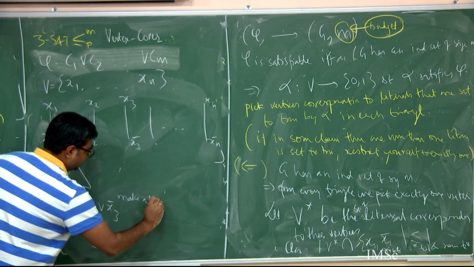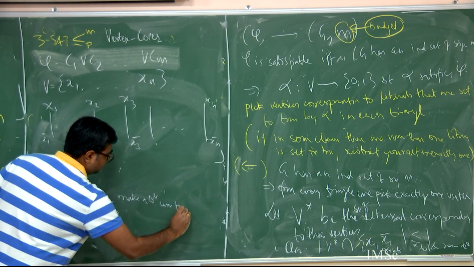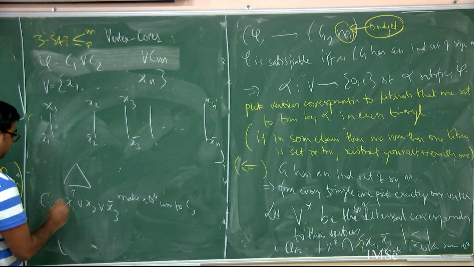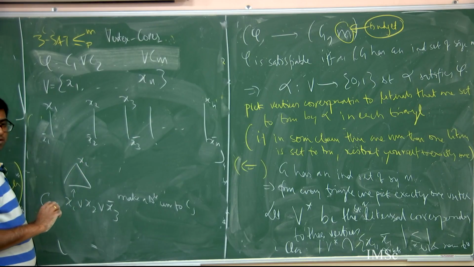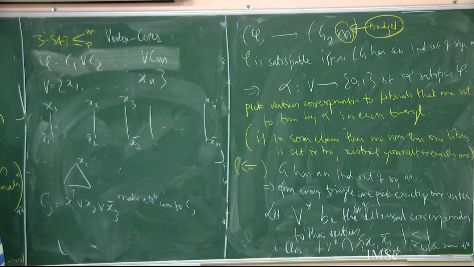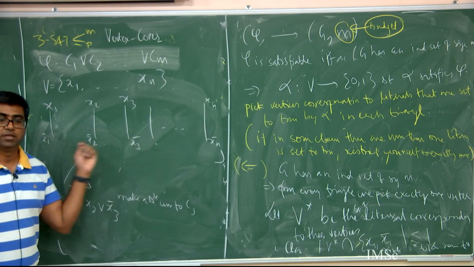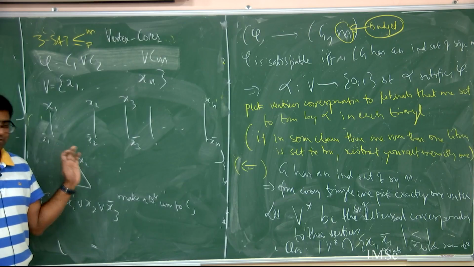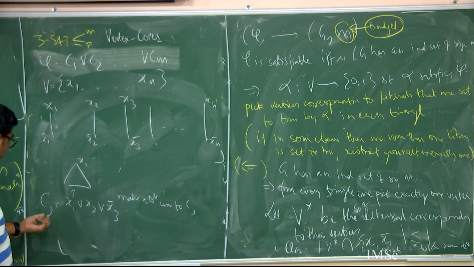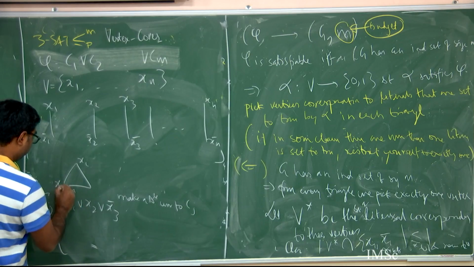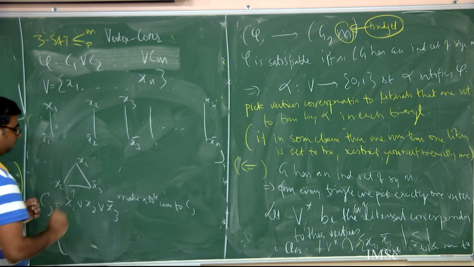Make a triangle corresponding to Cj and name the vertices x1, x2, x3 bar. I don't care what they are called, because anyway I will get all my assignments from the variable gadgets, so these are useless names.